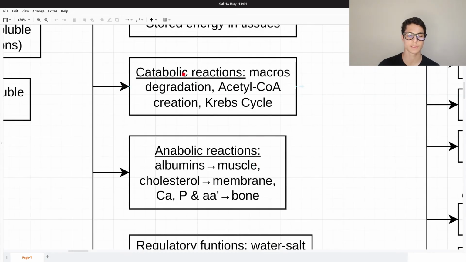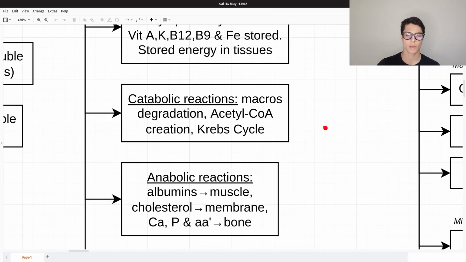Then we have catabolic reactions and anabolic reactions. Catabolic means to simplify, to degrade. We have a complex molecule and we chop it down to simple molecules. It's like we have a constructed Lego finished and we start to remove all the pieces and we destroy it eventually.